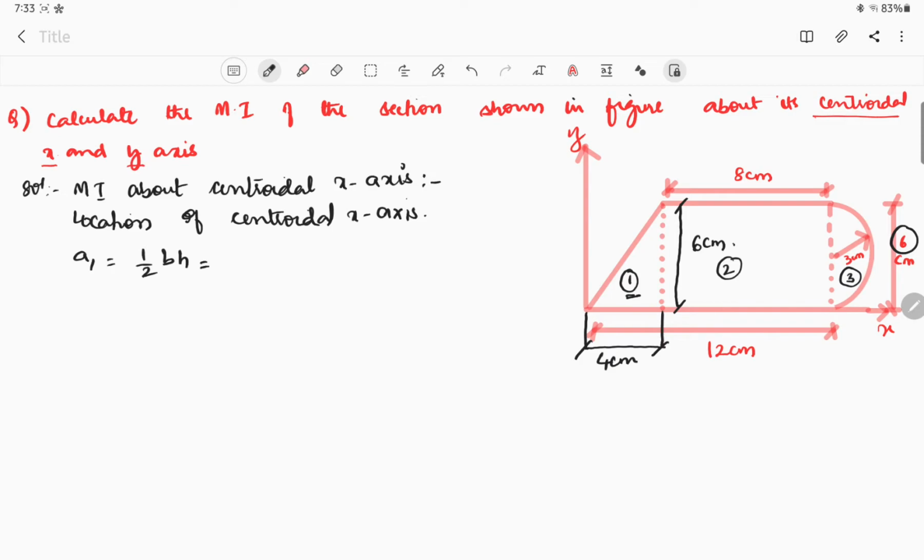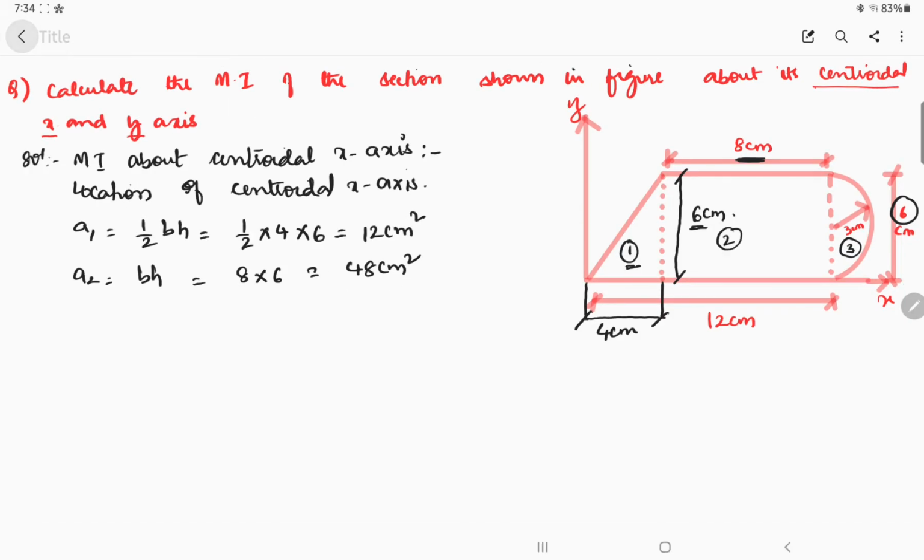It is the first figure, this one. Half base is 4, height is 6, which is equal to 12 centimeter square. What about A2? A2 is a rectangle, isn't it? The size of the rectangle is 8 centimeter and height is 6 centimeters. So B into H, which is equal to 8 into 6, how much? 48 centimeter square.